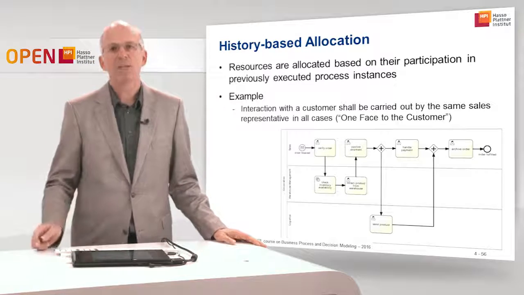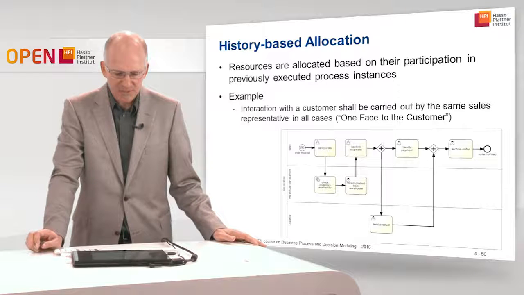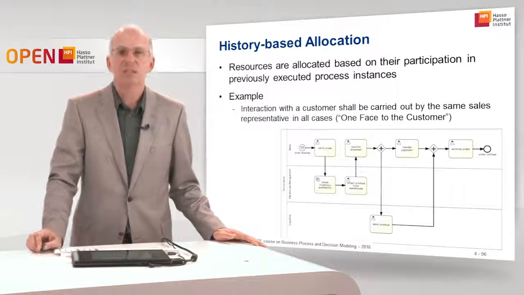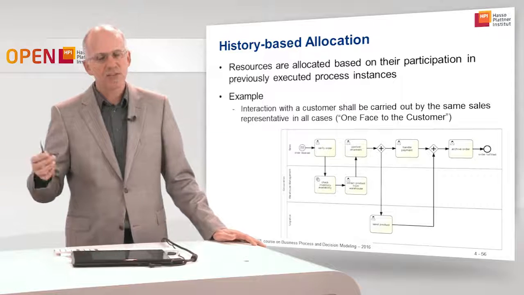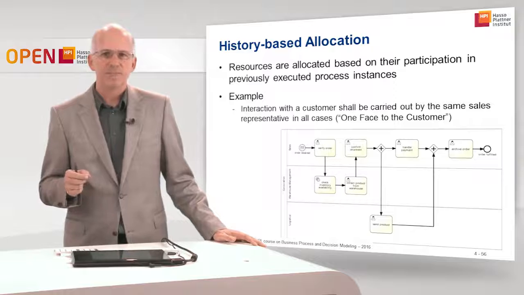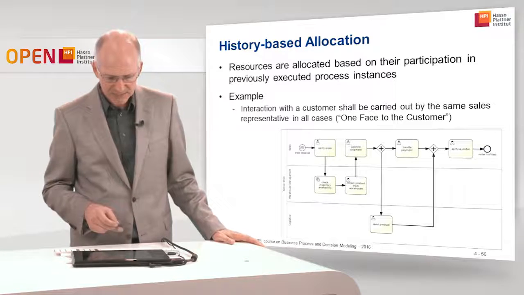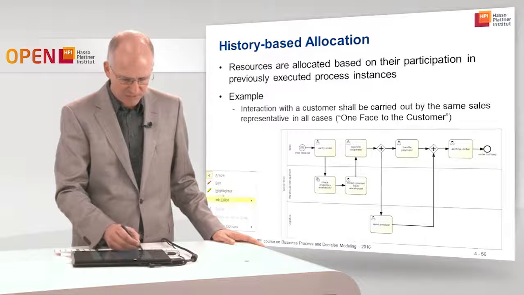And the prime example here is the one face to the customer example. So interaction with the customer shall be carried out by the same sales representative in all cases. So it spans multiple cases. So it's not only for one specific process instance, but also for process instances for the same customer in the past.